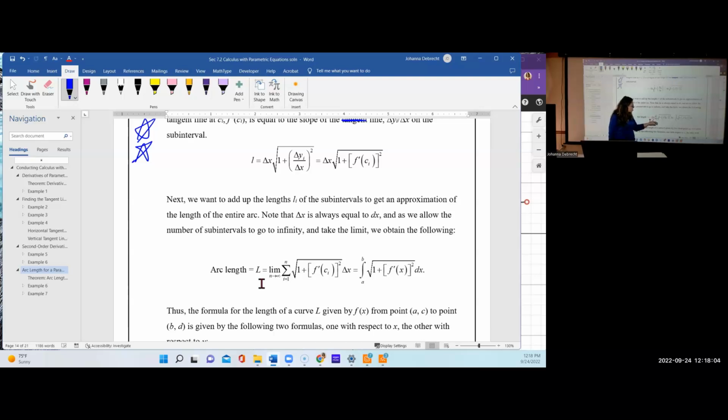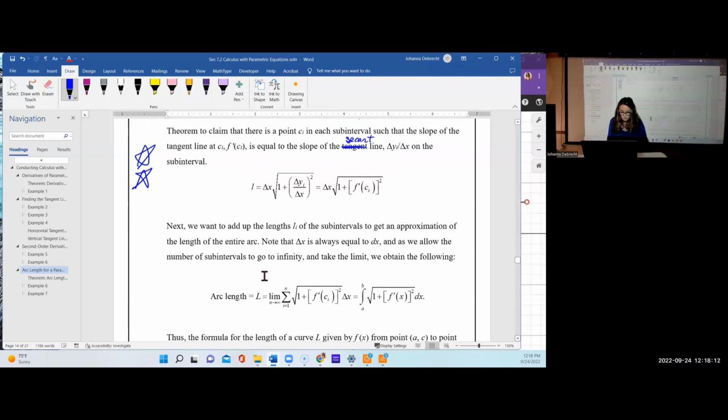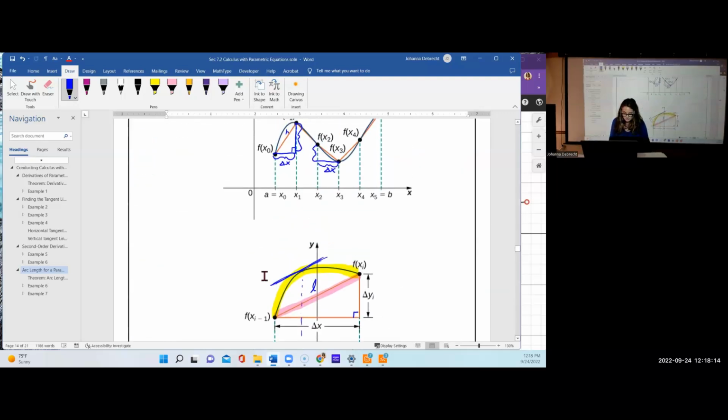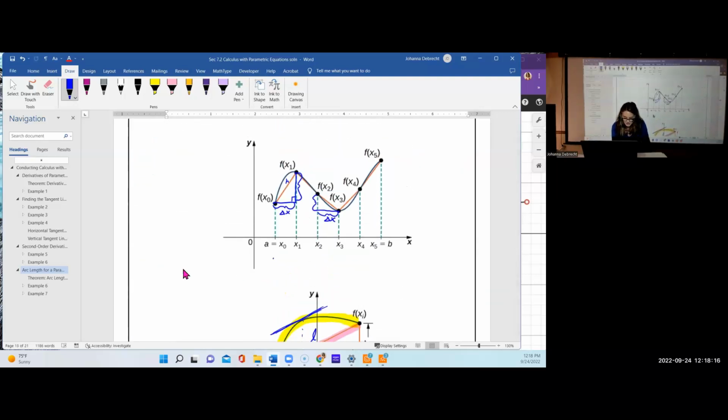When we take the limit of a Riemann sum, we get a definite integral. So we have the integral from a to b, and again, this is a and this is b. We're getting the integral from a to b of the square root of 1 plus the derivative of the function squared, times the differential dx.